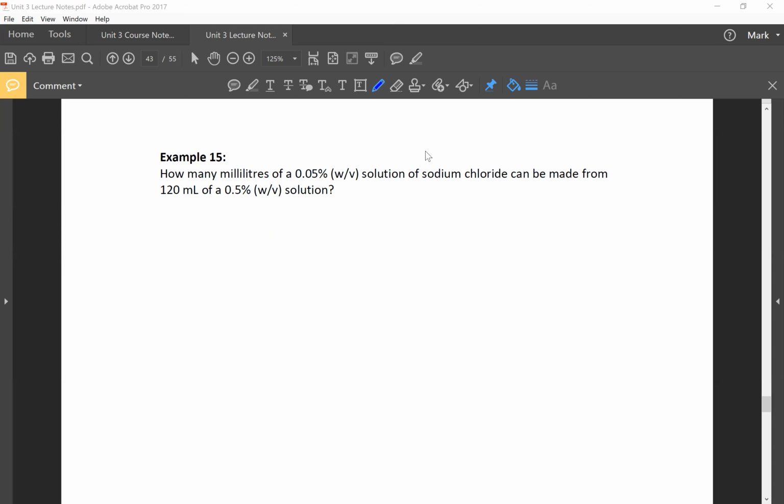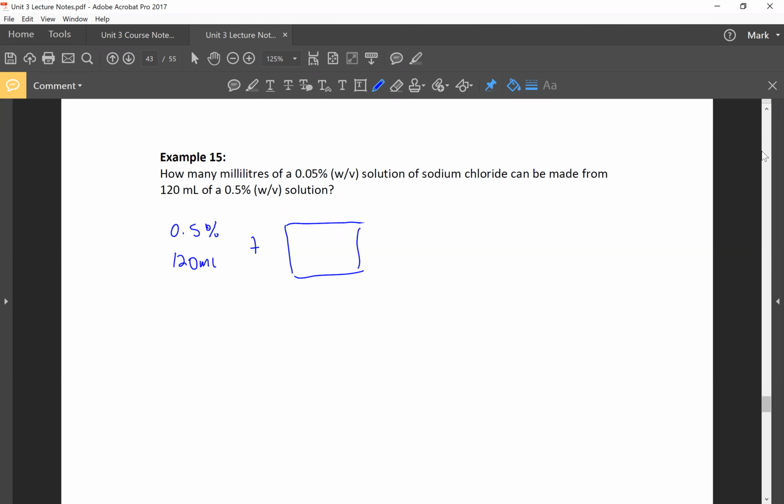This one's deceptively easy. The difference with this one is it's kind of reversed, meaning I'm going to take a solution. I'll write out my plan for you. I'm going to take 0.5% and 120 milliliters. I'm going to add water to that.